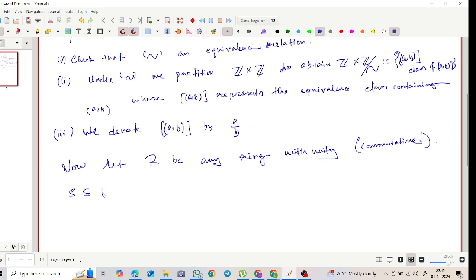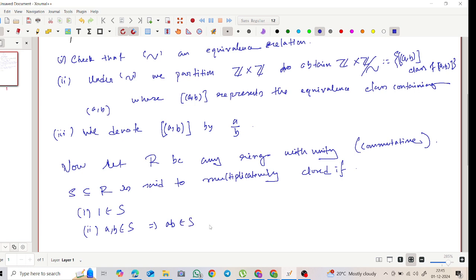S subset of R is said to be multiplicatively closed if 1 belongs to S, and A belongs to S, B belongs to S implies AB belongs to S. Understood?